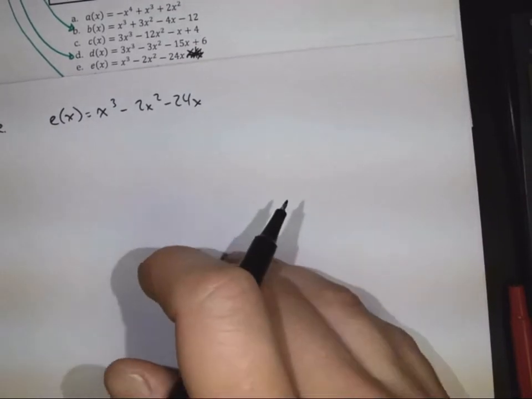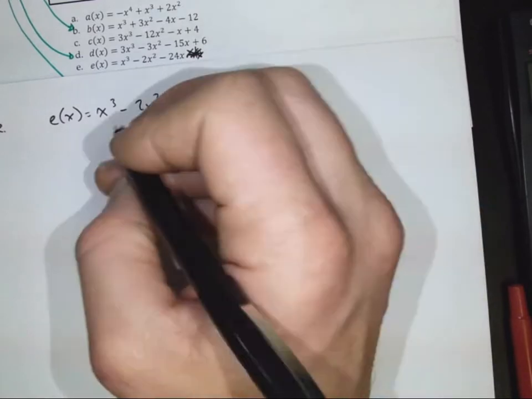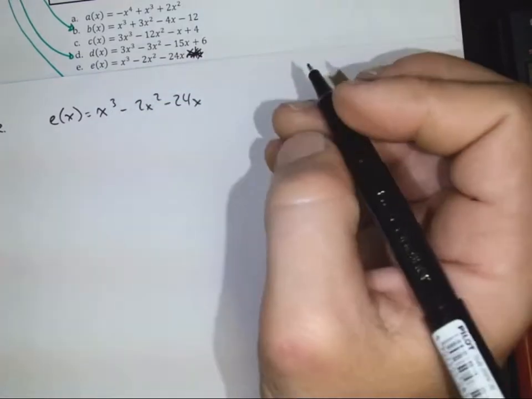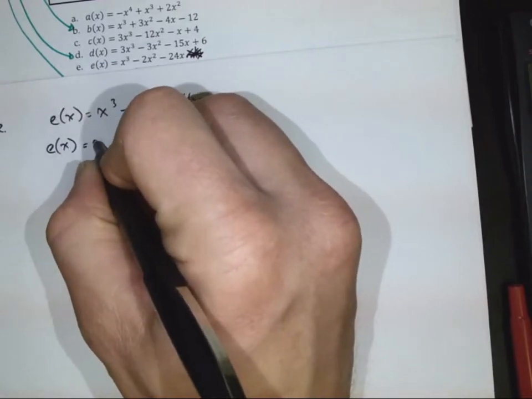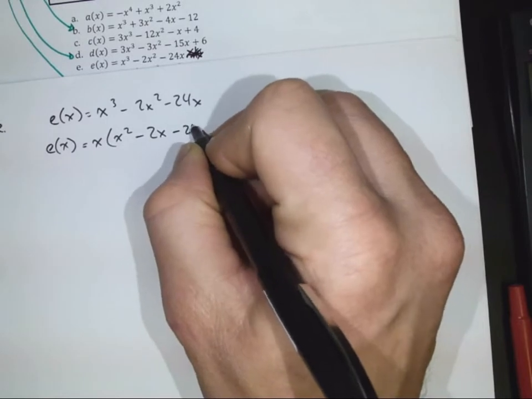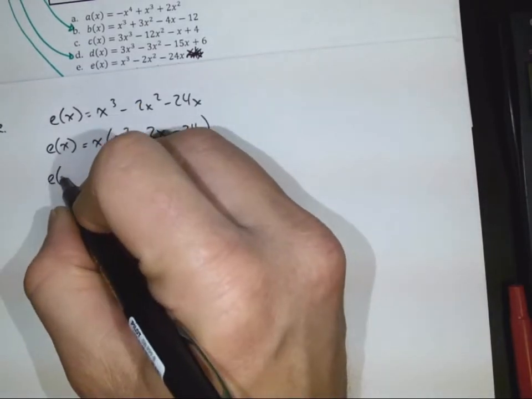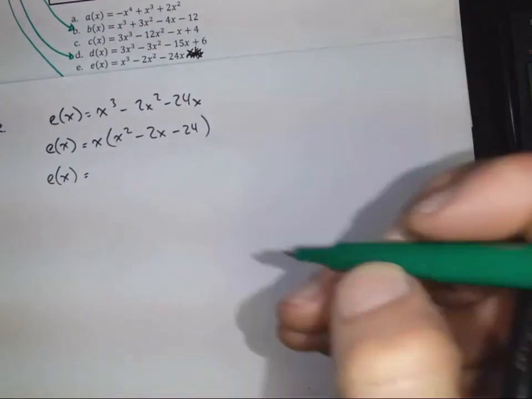All right, so to graph this, we really have to start by factoring it, and we should start with the easiest kind of factoring. I can see some common factoring, so I'm going to factor that x out to the front. And we get x squared minus 2x minus 24. And then that's just a simple trinomial, right?